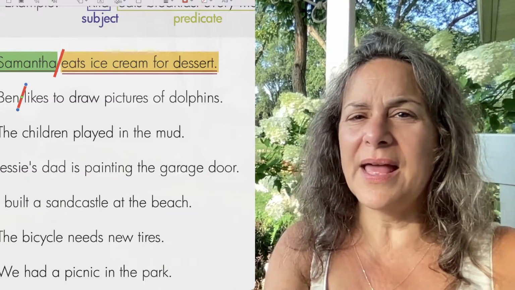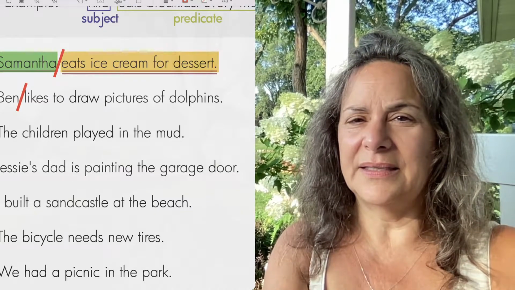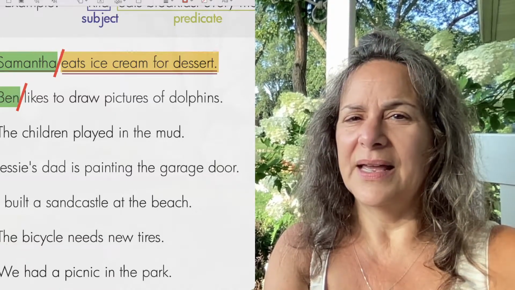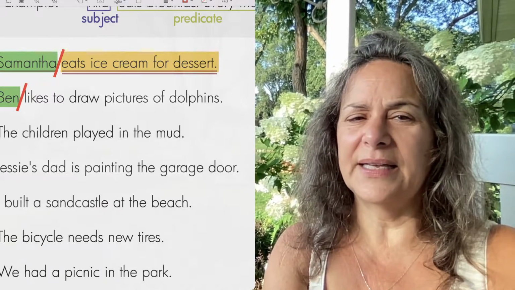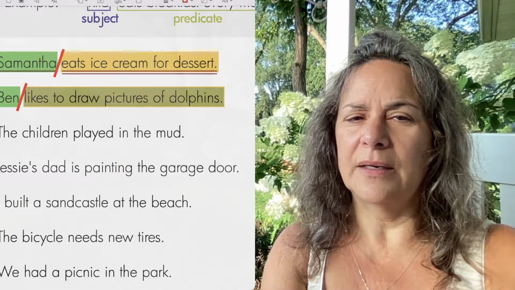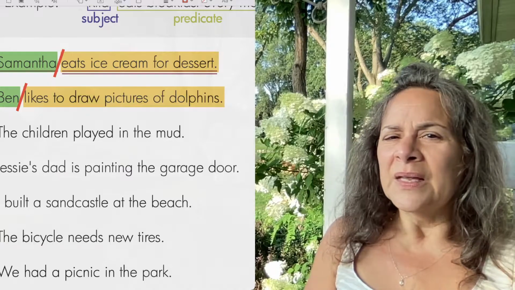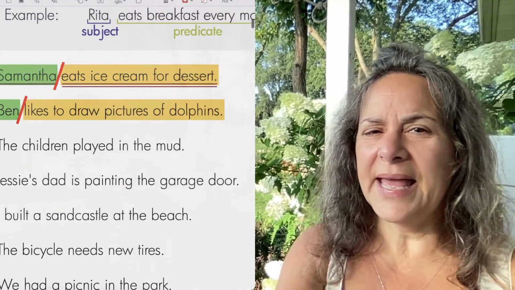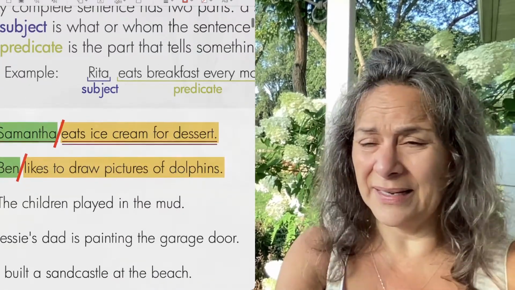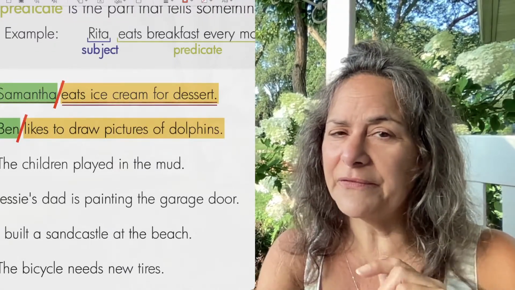And now let's go ahead and highlight the subject of the sentence, which is Ben, and then the predicate of the sentence, likes to draw pictures of dolphins. So what we're looking at again is the complete subject, which is just Ben, and then the complete predicate, which starts at the verb.